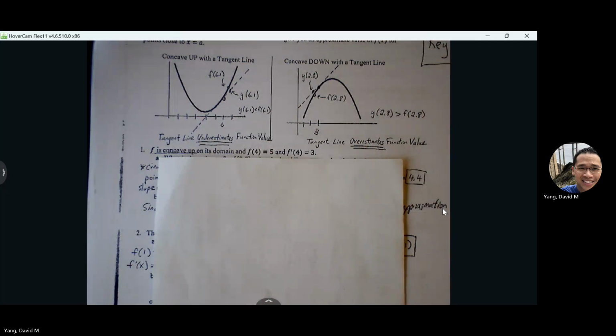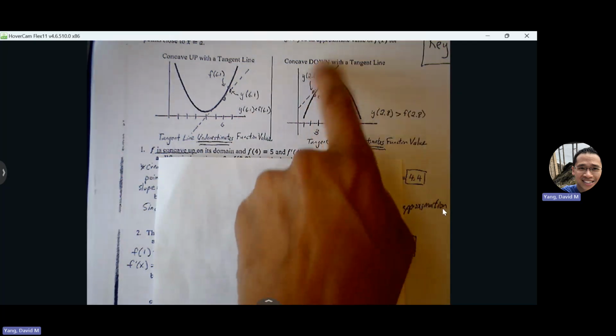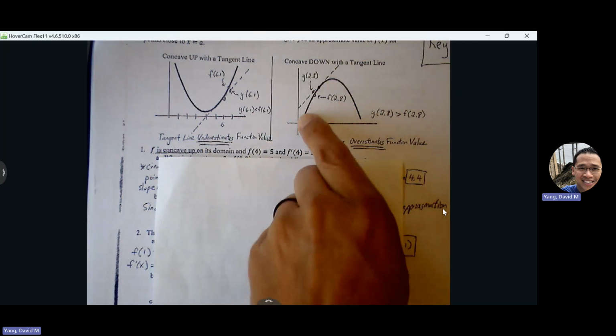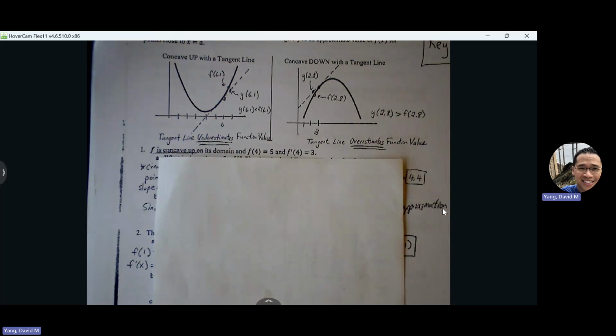So I hope this is not something that we have to memorize because I think if you can just quickly sketch a graph and just see that your tangent line is always below your curve for a concave up, then your linear graph is always going to be under approximating. But then if the line is skimming the top of the curve, like a concave down graph, then you're always going to get an over approximation.